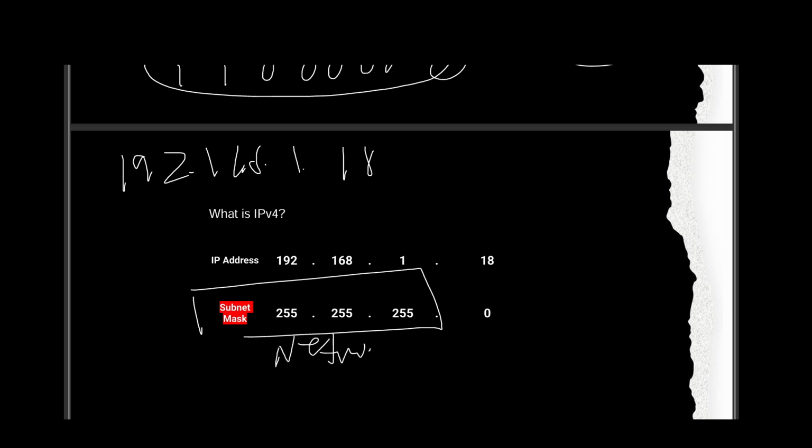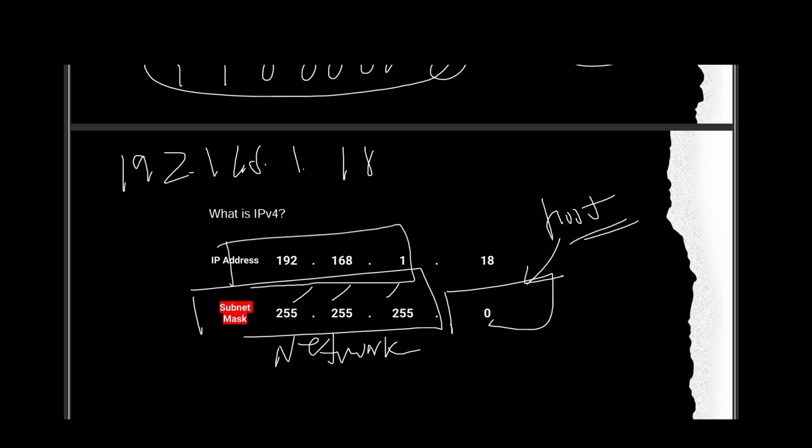So this will be the network, and this would be the host. If you want to check the network of an IP, you always have to look at the IP's subnet mask. For this one, 255.255.255 means that your network would be 192.168.1. So this one is the network.